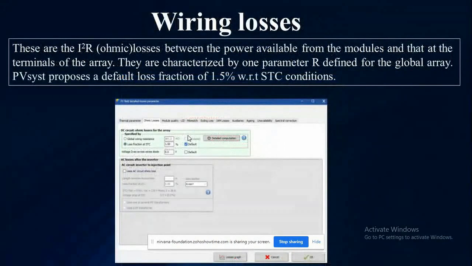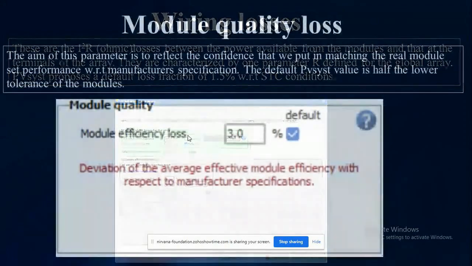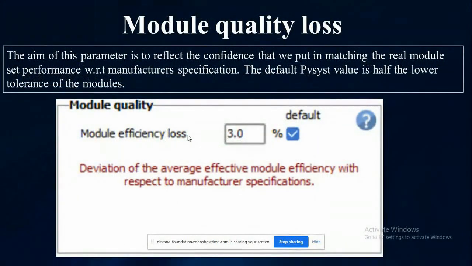and then wiring losses. This is nothing but the I square R losses, and default values are also available, but we can define them, depending on the project, if we know the values. And this module quality loss: usually the module ratings are given under standard test conditions, but actually during operation, this won't be the case.